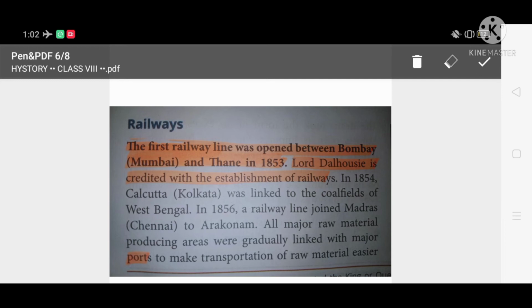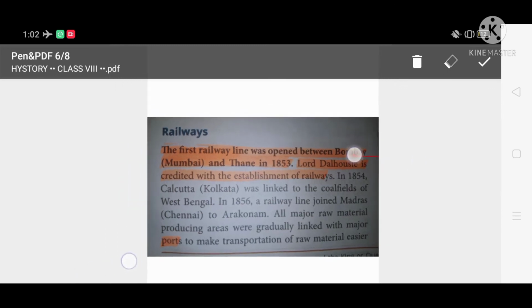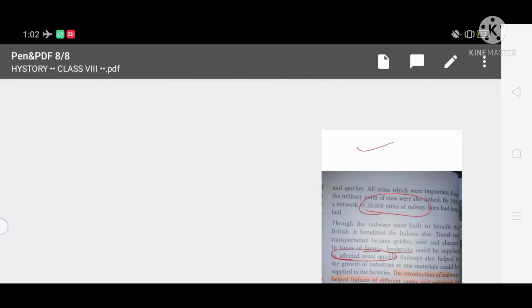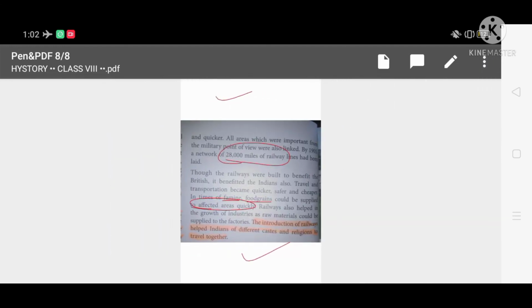In 1854, Kolkata was linked to the coalfields of West Bengal. In 1856, a railway joined Madras to Arakonam. All major raw material producing areas were gradually linked with the major ports to make transportation of raw material easier and quicker.